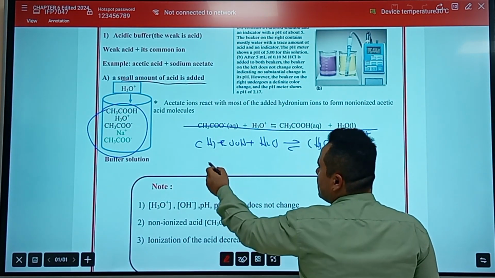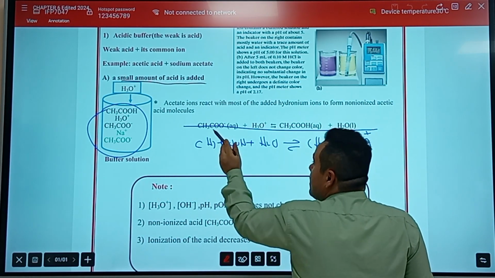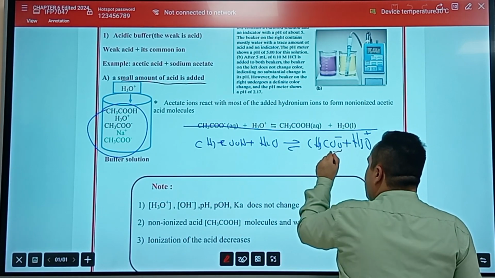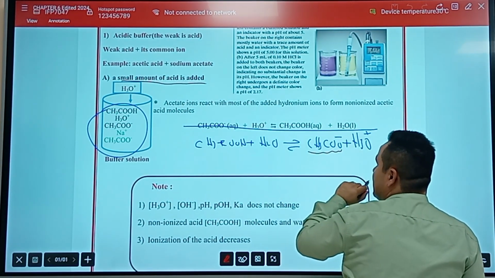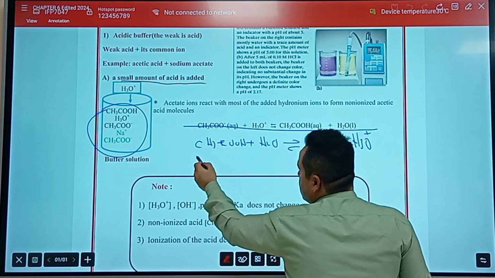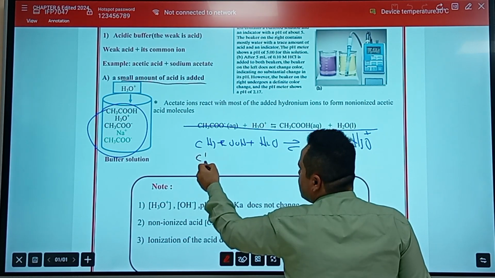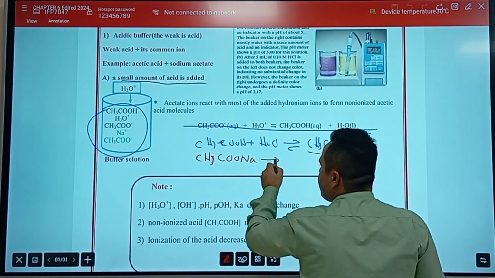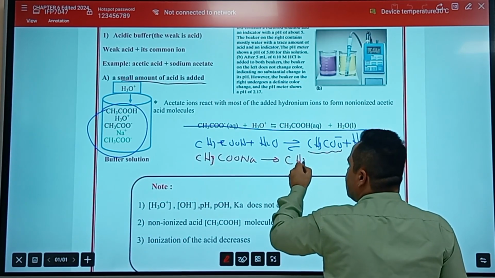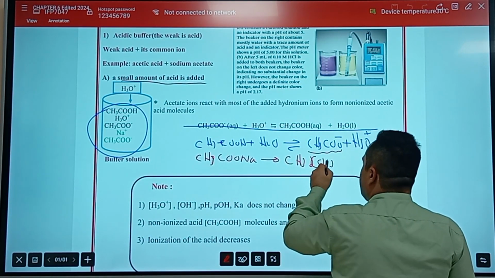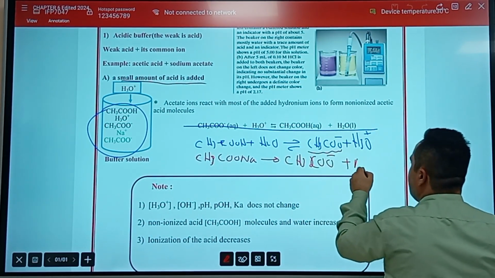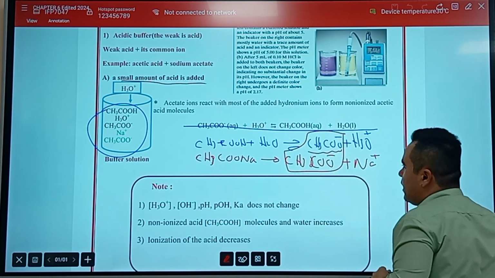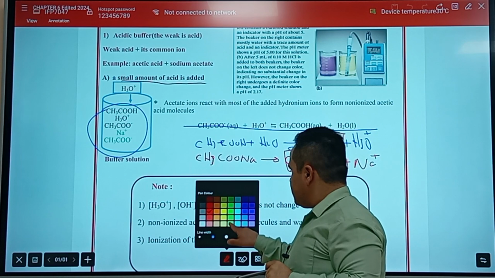So let us add acid, but the salt must contain the common ion with the acid. For this, we have CH3COONa, which will produce CH3COO negative plus Na positive. As you can see, these two are the common ions.